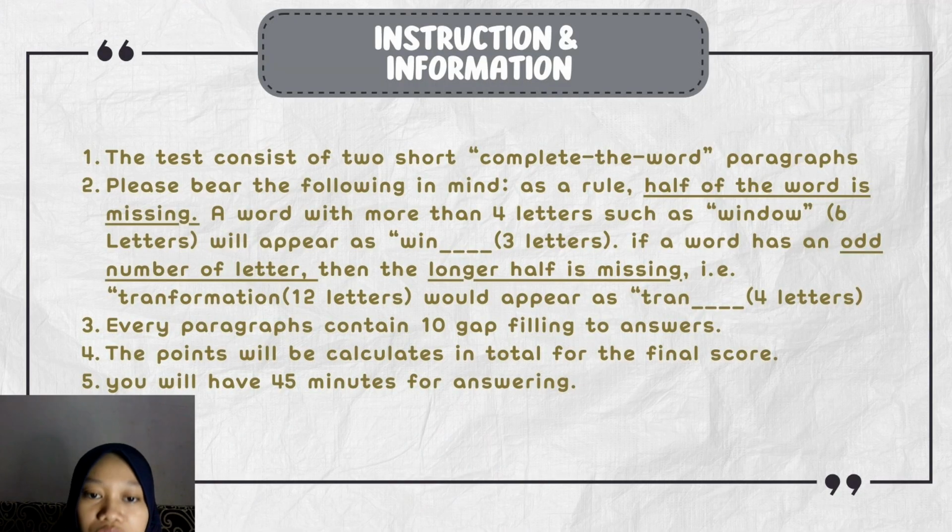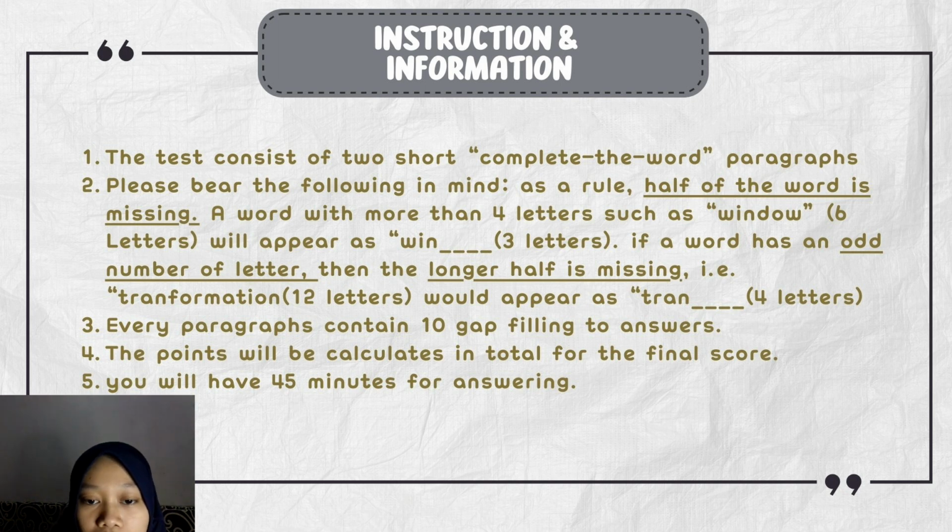Okay, we begin with the C-test information and instruction. Number 1, the test consists of 2 short, complete-the-word paragraphs. Second, please bear the following in mind. As a rule, half of the word is missing.